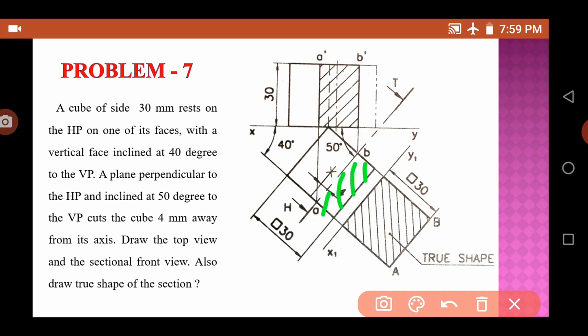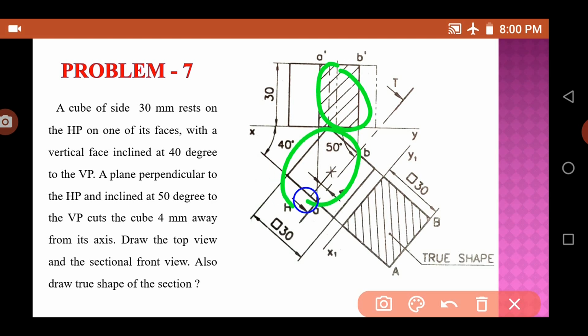So you have to shade it here in the front view. So this will be the shaded part, and this part won't be there, so that is why it is represented by dashed lines actually. Okay, now this is the sectional front view, and now they are asking about the true shape.